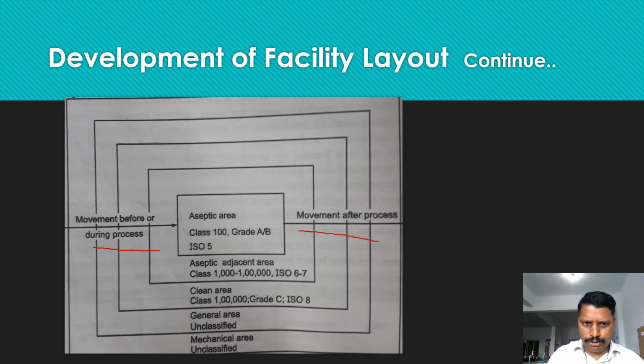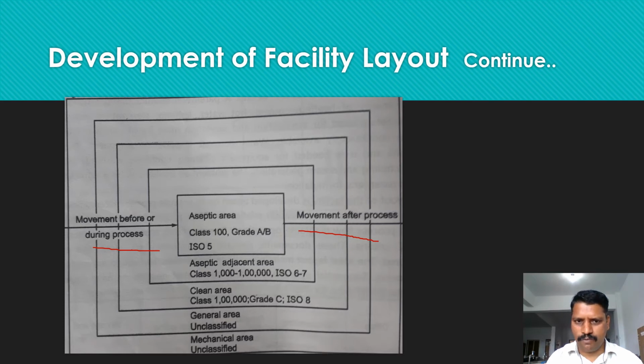Okay, so this is the aseptic area, completely HEPA, high efficiency particulate air, or lab hood or laminar airflow, also called class 100 or grade A and B, ISO 5, as per the different standards and different agencies.